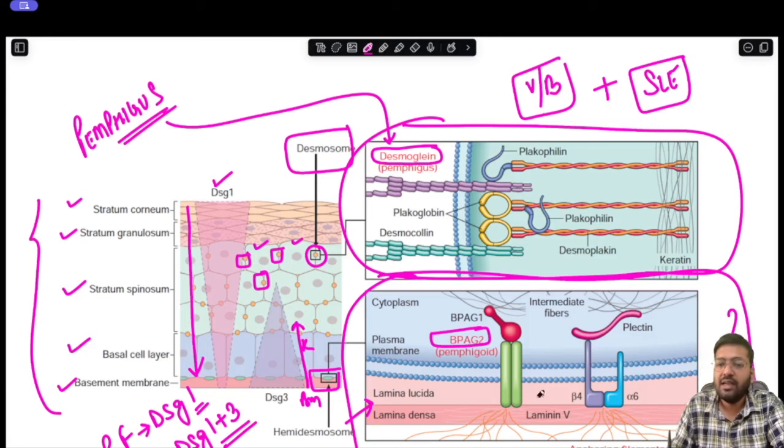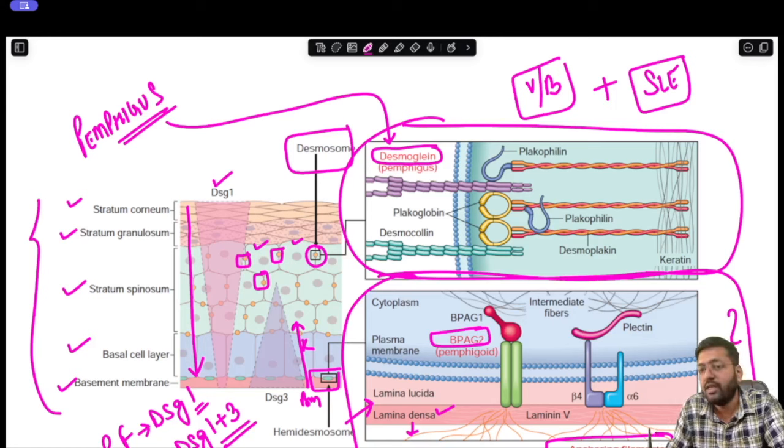Similarly, if autoantibodies are formed against the anchoring filament, which anchors the lamina densa of the basement membrane to the dermis, then a condition known as dermatitis herpetiformis forms. And over here, which antibodies are formed? It is IgA antibodies against the anchoring filament.